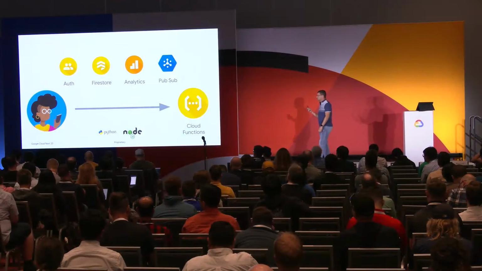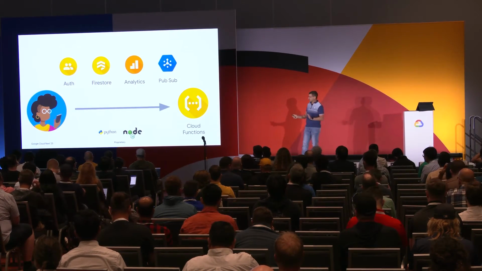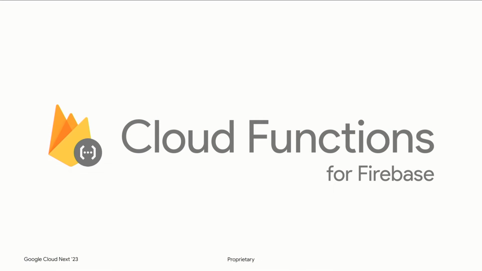Let's just take a step back for a second before I even go to a slide. We as Firebase have a Functions product. That Functions product is actually Google Cloud Functions. The reason why our product is called Cloud Functions for Firebase is because we add a bunch of magic sauce to do certain things that the more generic Functions product just doesn't do and doesn't care to do because it doesn't have the Firebase ecosystem around it.